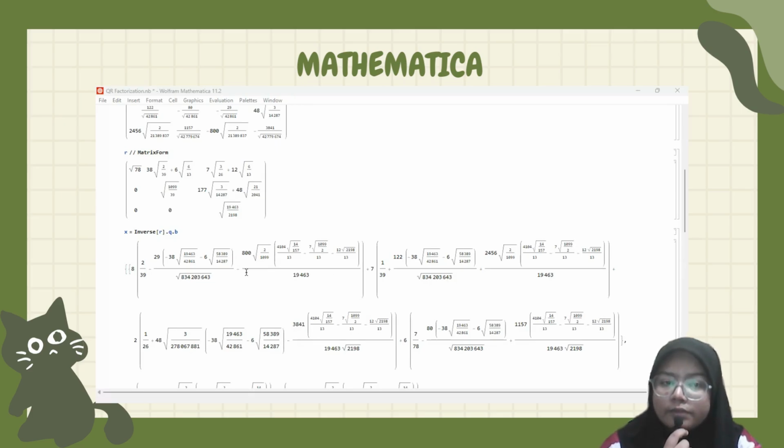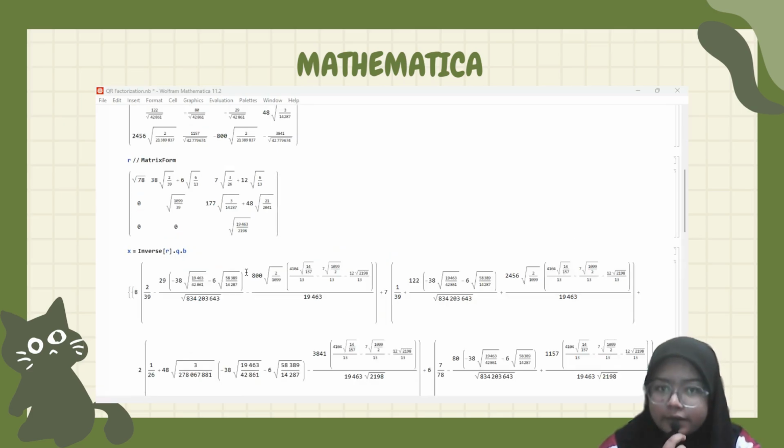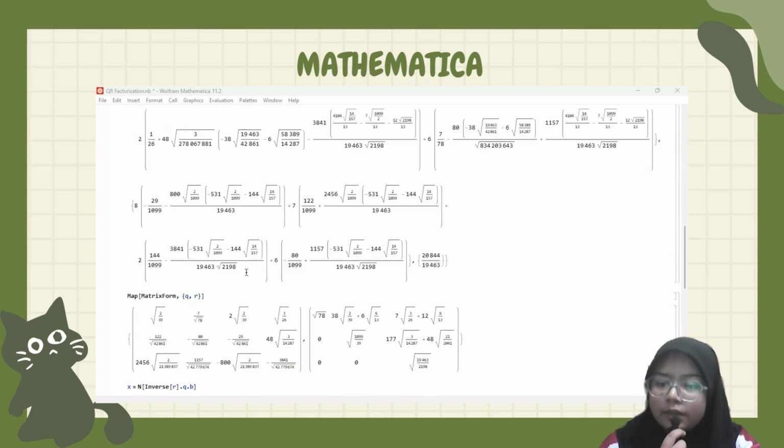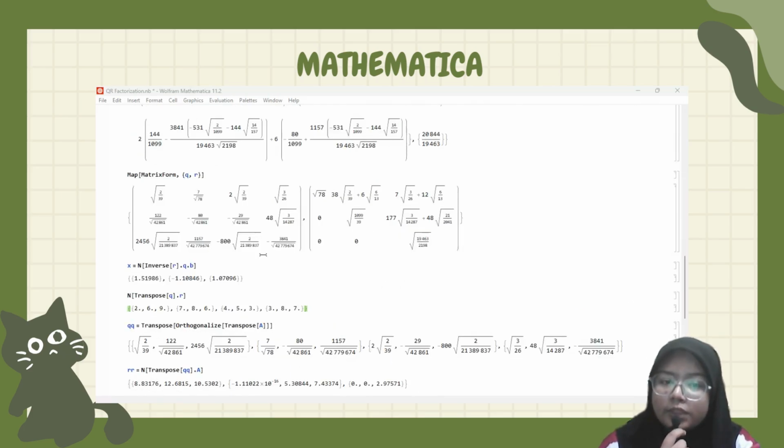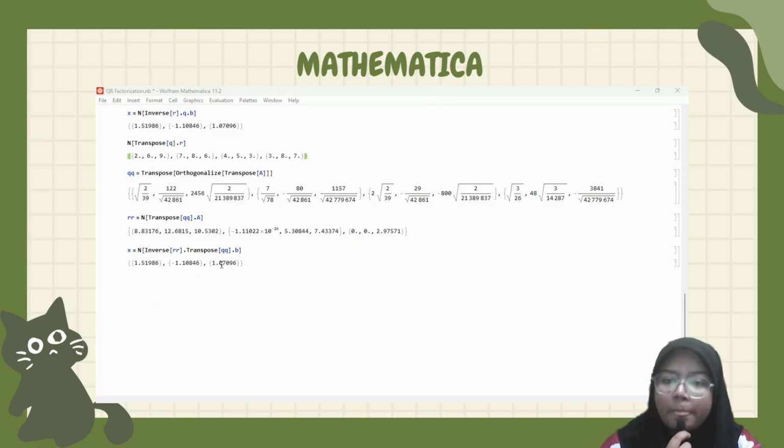Since the symbolic result is very complex, we apply the N function to obtain the numerical values. This approximate solution is x1 approximately 1.52, x2 approximately negative 1.11, and x3 approximately 1.07. This represents the least squares solution to the system.